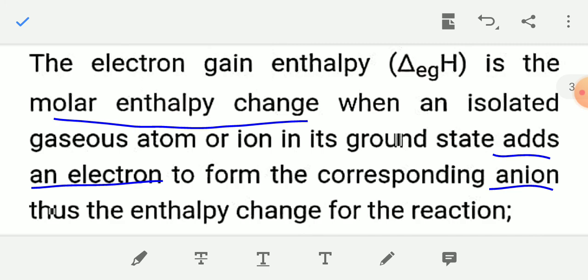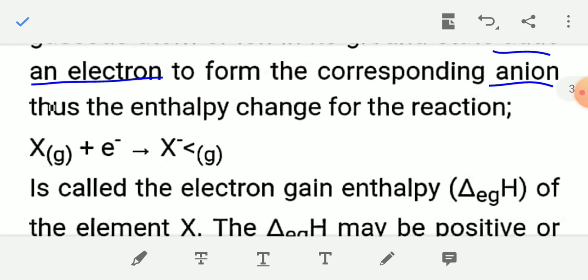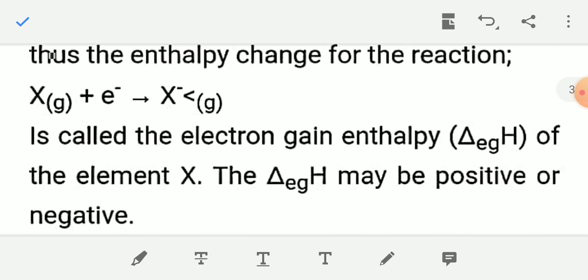Electron gain enthalpy may be positive or negative, that means exothermic or endothermic.